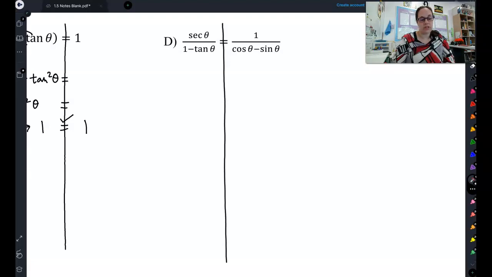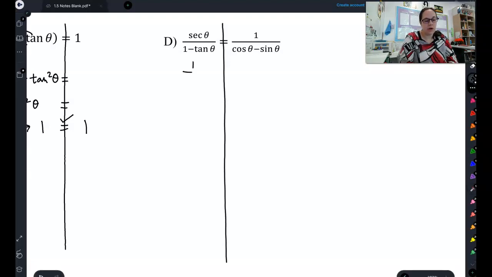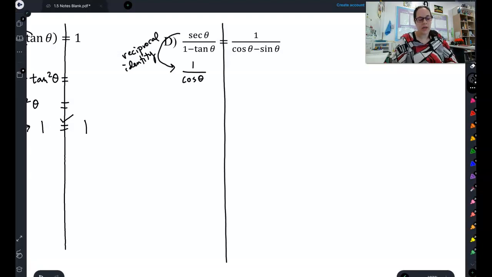So that would be my first step, is I'm going to change secant of theta to 1 over cosine of theta. And I'm noting that the thing that lets me do that is the reciprocal identity. That's how I change secant to 1 over cosine.